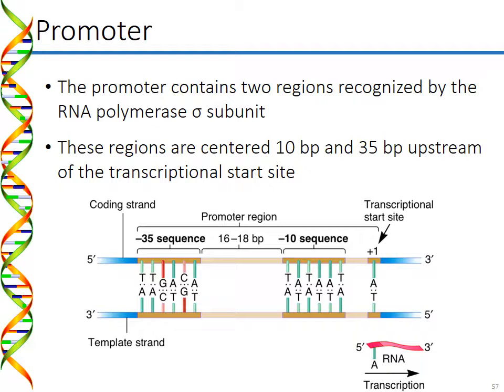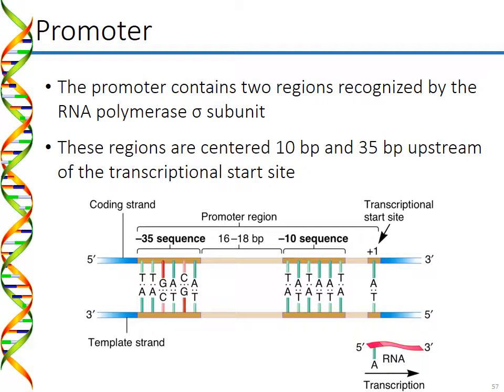And so the -10 sequence, here we see that it is TATAAT. I'm reading on the top strand. That sequence is centered at approximately -10. It can go forward or backward just a little bit, but if it moves too much, then it starts to not be recognized.